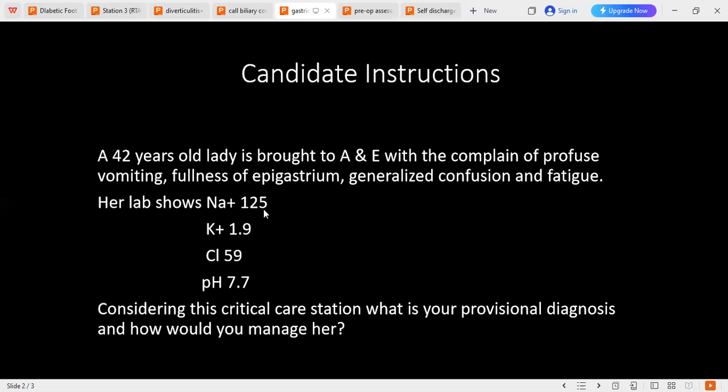I would monitor the cardiac status and the output of this patient. I will also do input and output charting, with an NG tube and a catheter.